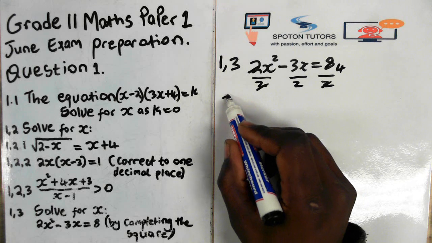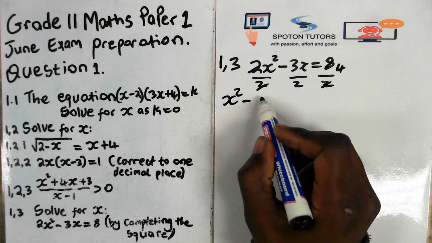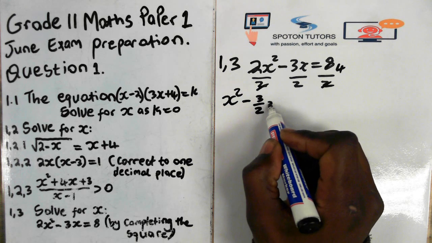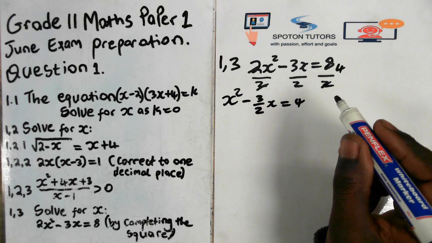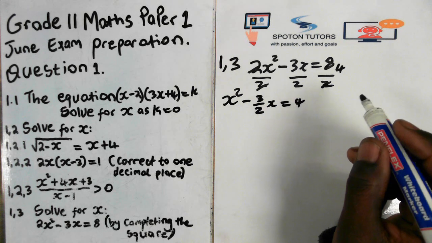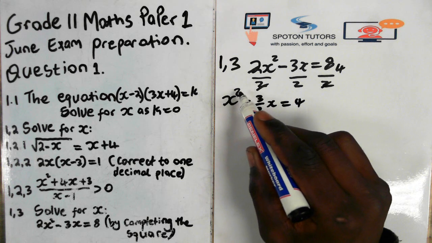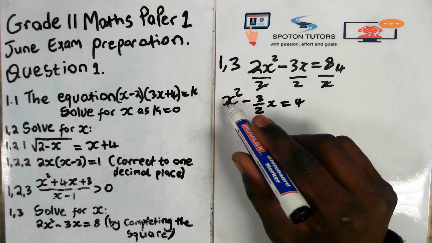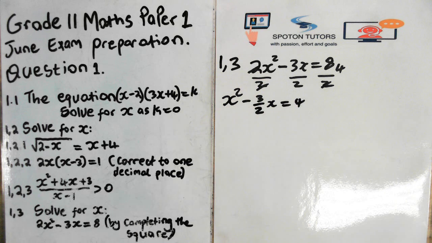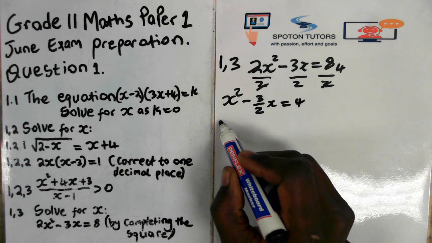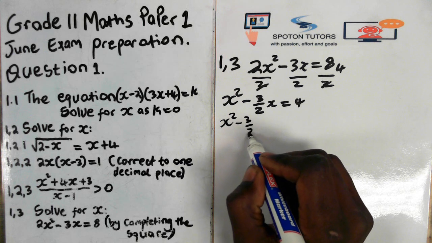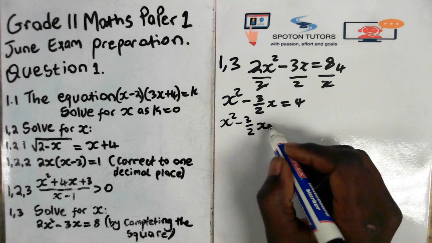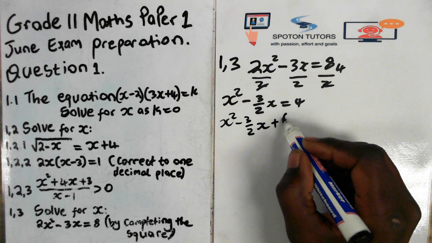So then your answer would be, then the next thing you need to understand is that once your coefficient here is gone, you only have a coefficient of 1 on x squared, you would start completing your square. Then start completing the square.